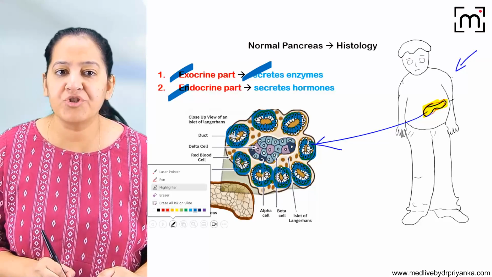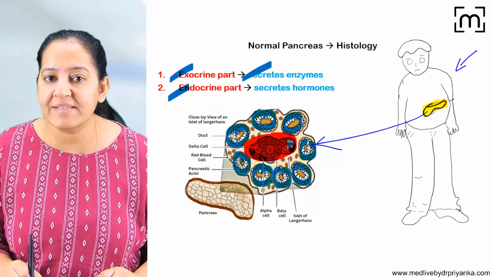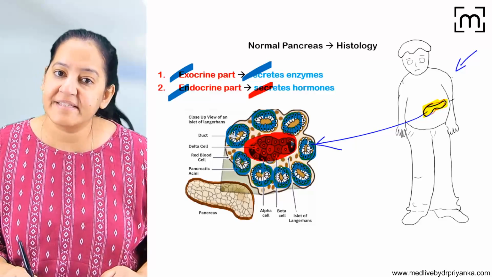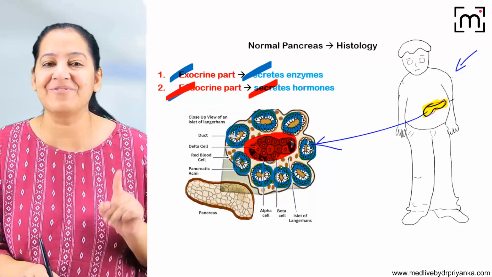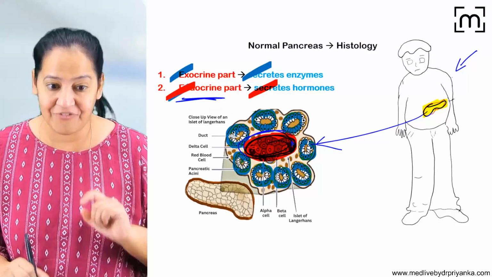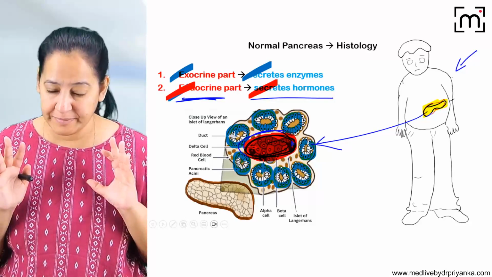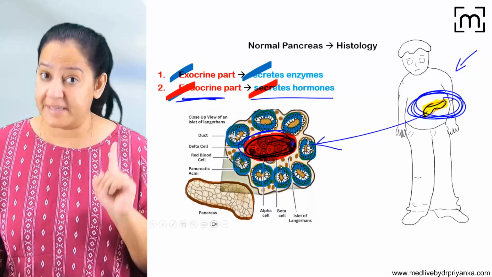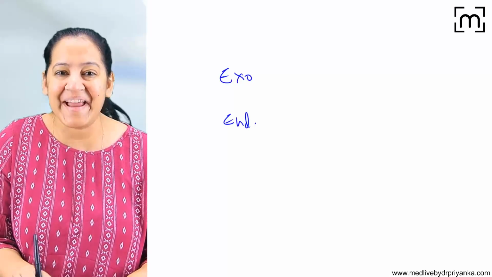The endocrine portion is in the form of the islets of Langerhans. What is an islet of Langerhans? You can see this is an islet of Langerhans. It is a collection of multiple cells, and it secretes hormones. For understanding diabetes, we have to concentrate on the endocrine part of the pancreas, that is, the islets of Langerhans secreting the hormones. So first understand the normal histology of the pancreas. Although anatomically a single organ, histologically it's a dual organ, having an exocrine part and an endocrine part.